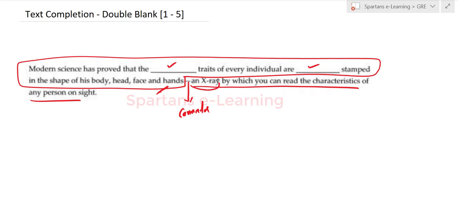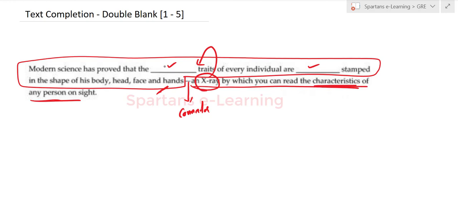Now what does this X-ray refer to? This X-ray is referring to these traits. It is saying that these particular traits are acting as an X-ray using which you can actually read the characteristics of any person on sight. So definitely these traits must be important traits, right? Only then can these traits be used to read the characteristics of a person.